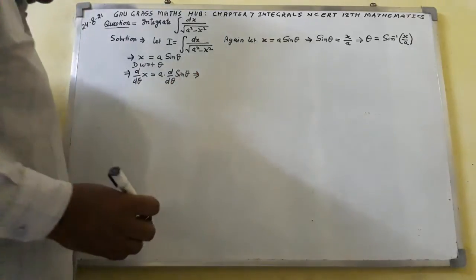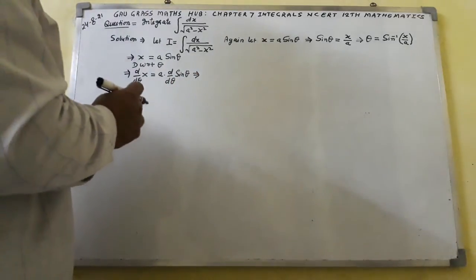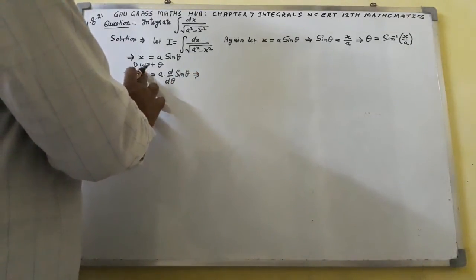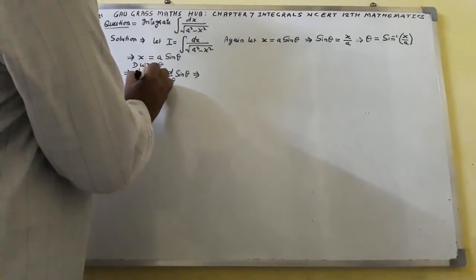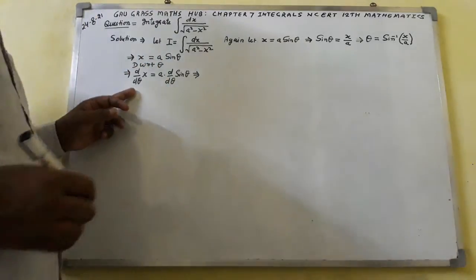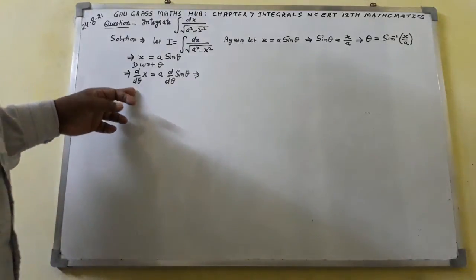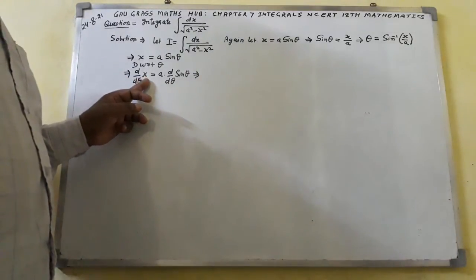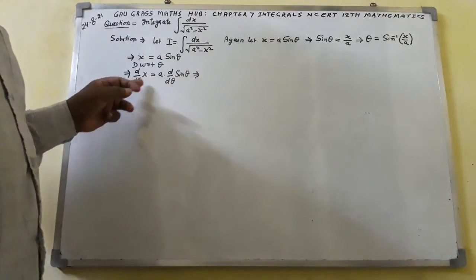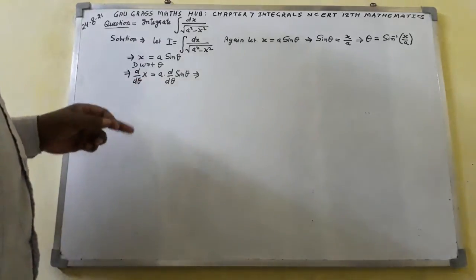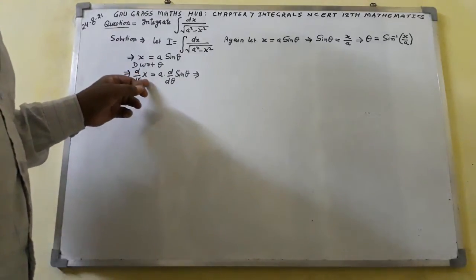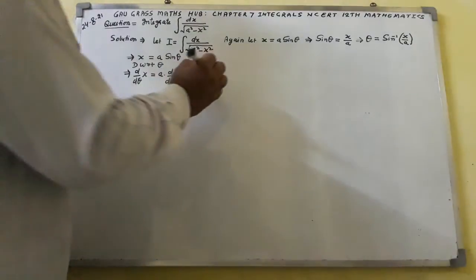Here theta is in the denominator and x is in the numerator; theta and x are different, so it comes out to be dx over d theta.